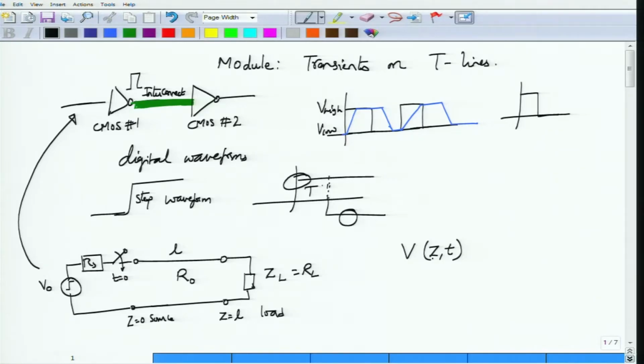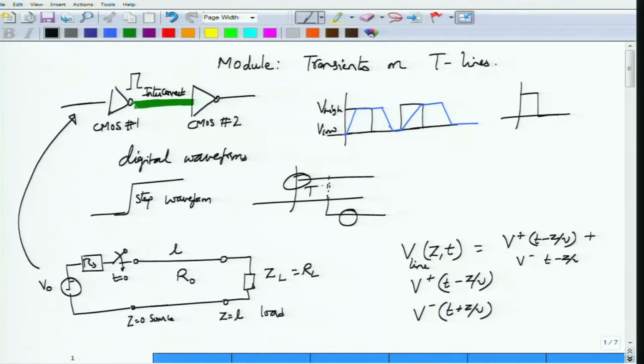In fact, for a forward propagating wave, the voltage would be something like V plus of (t minus z by v), and for a backward propagating or reflected voltage, it is V minus of (t plus z by v). Therefore, the total voltage on the transmission line, let us call this V line, will be the sum of forward and backward voltages.